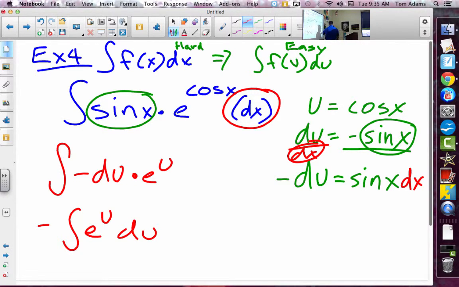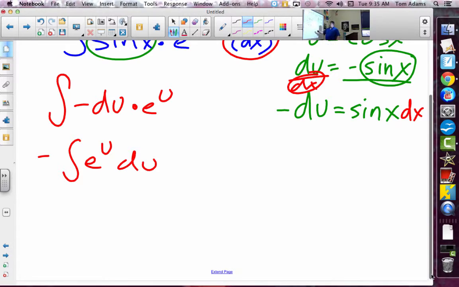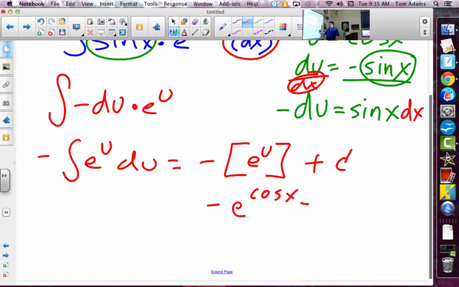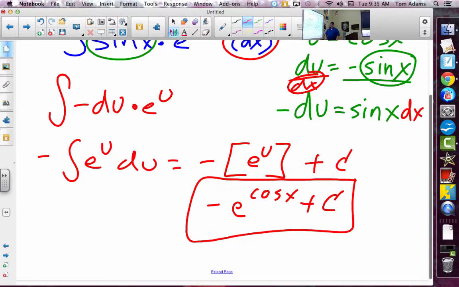That's real easy to integrate because the negative sign goes to the front, the derivative of e to the u is e to the u, and vice versa, the antiderivative is e to the u. Then we tack on plus c. But remember that u was cosine of x, so we plug that back in. That's the antiderivative. Does it make a little more sense as I explain it the second time?